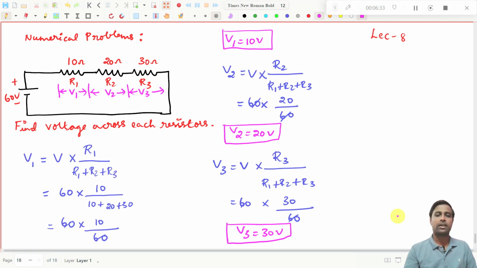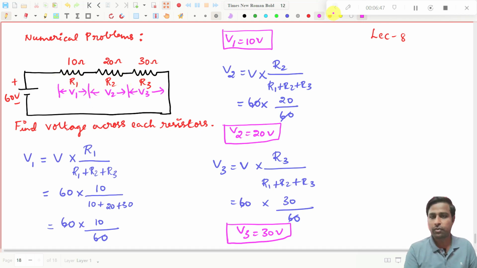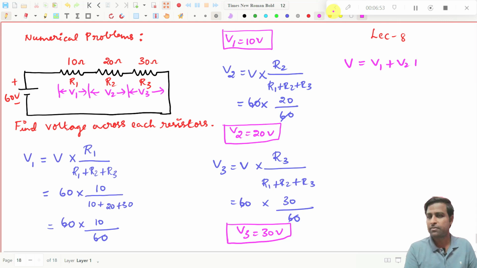And try to understand another concept. You are giving a total of 60 volt and it is divided into three parts, that is V1, V2 and V3. And if you want to find the total V using this, total V should be V1 plus V2 plus V3.